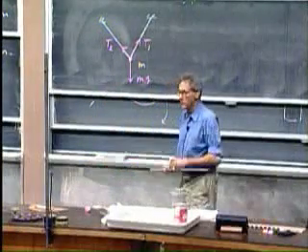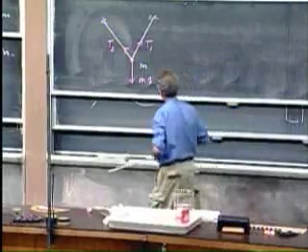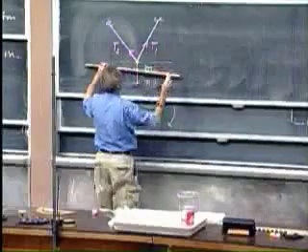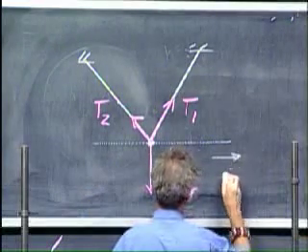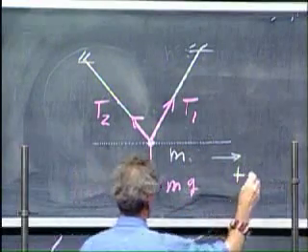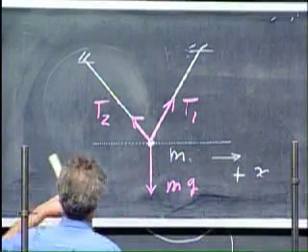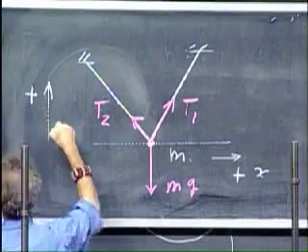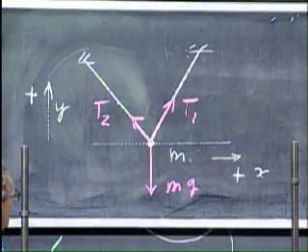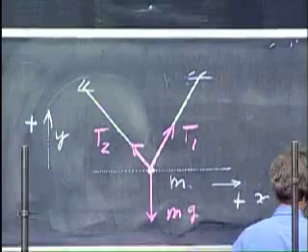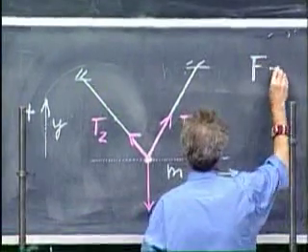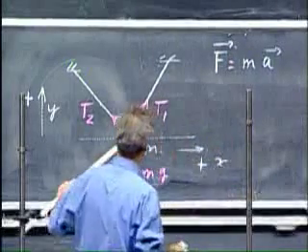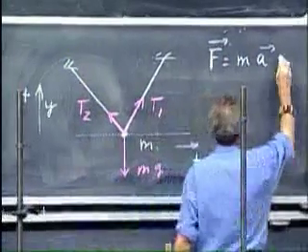There are various ways you can do this. One way that always works, pretty safe, you call this the x direction. You may choose which direction you call plus. I call this plus. I call this negative. And you could call this the y direction, and you may call this plus and this negative. I know from Newton's second law, F equals ma, that there is no acceleration, so this must be 0.